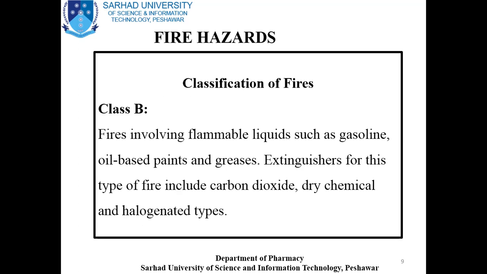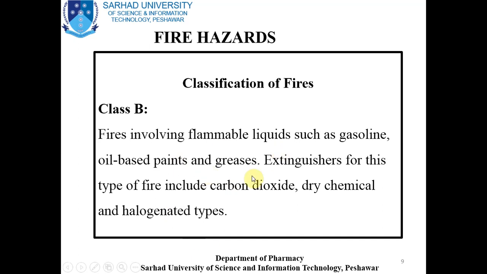The second class of fire is termed Class B fire, involving flammable liquids such as gasoline, oil-based paints, and greases. Extinguishers for this type of fire include carbon dioxide extinguishers, chemical extinguishers and halogenated types of extinguishers.